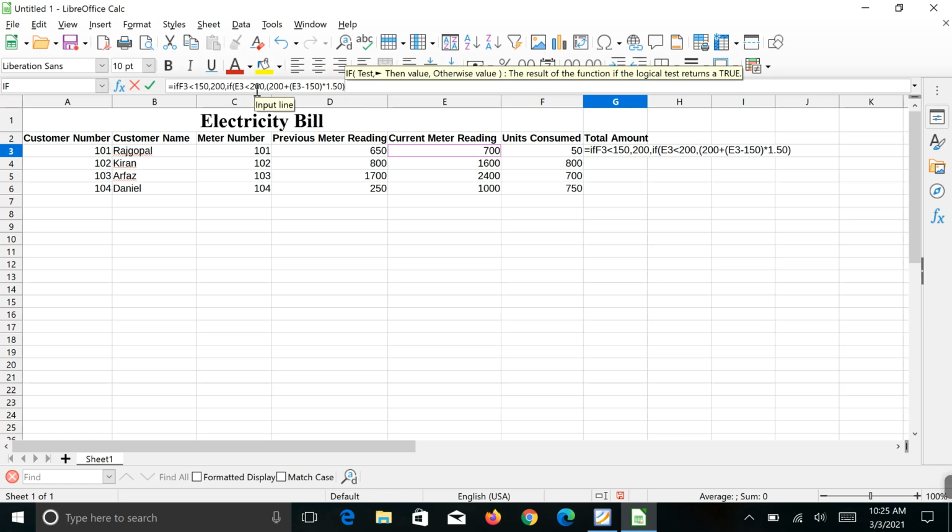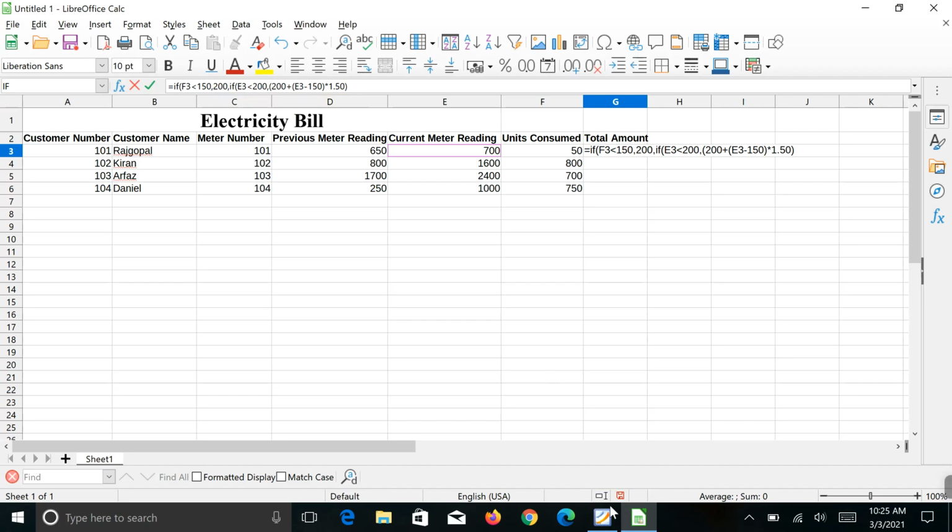I made a mistake here. It's not 150, it is 200 rupees. I repeat this. If units consumed is less than 150, then it is 200 rupees. If not, if the units consumed is less than 200, then 200 rupees plus E3 minus 150.